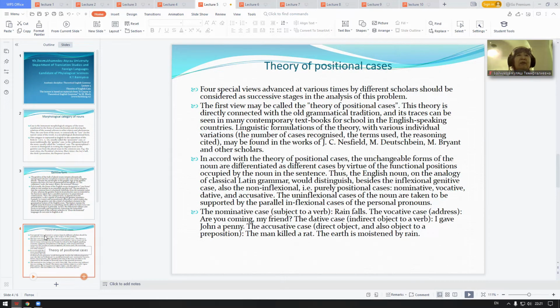Theory of positional cases. Four special views advanced at various times by different scholars should be considered as successive stages in the analysis of this problem. The first view may be called the theory of positional cases.